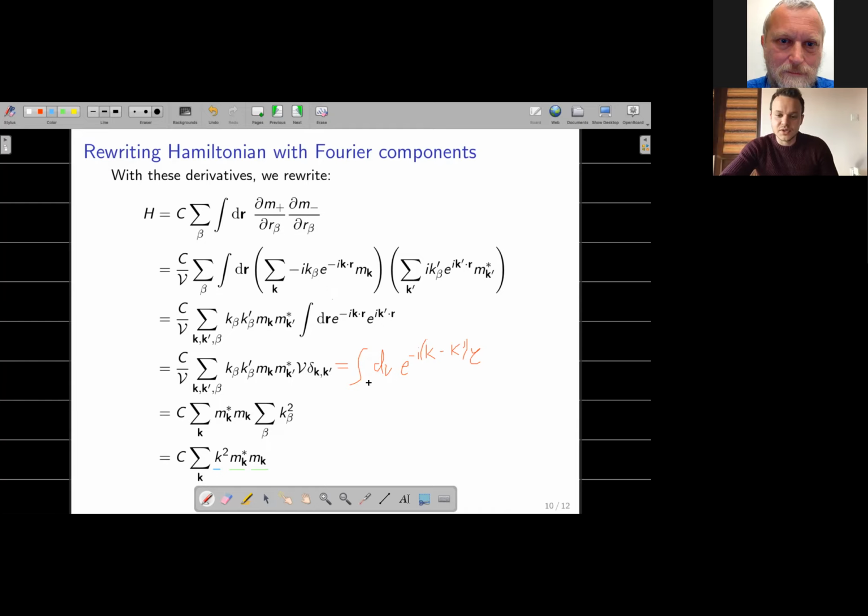Here I've just written out explicitly the integral in a very bad manner, but this is in principle the delta function of k k prime. And so finally, we have obtained this Hamiltonian as a function of the components mk star and mk.